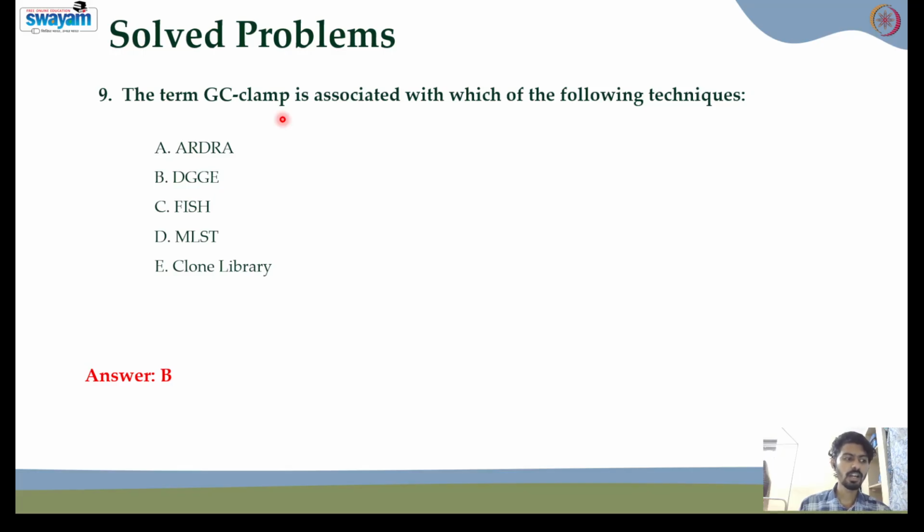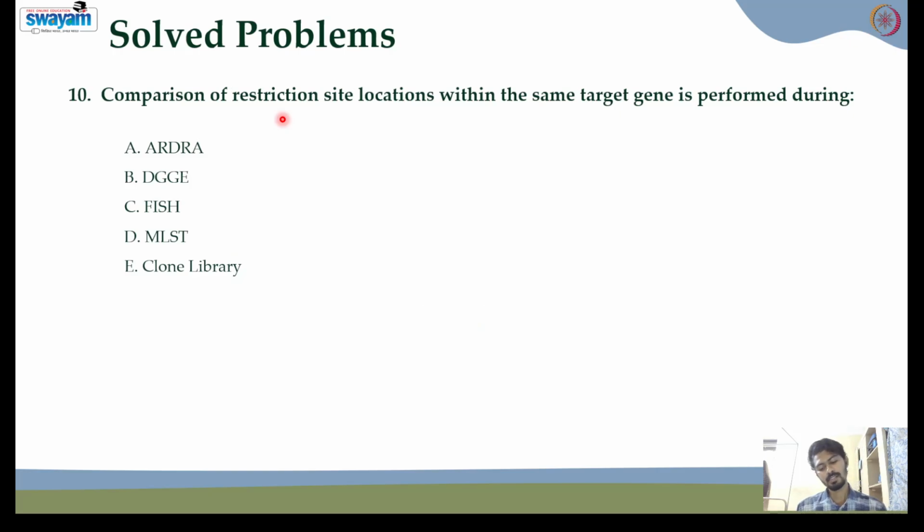So we will move on to the last MCQ, which is: comparison of restriction site location within the same target gene is performed using, so here restriction site location. If it is restriction site, what will you perform? Option A, ARDRA. Option B, DGGE. Option C, FISH, fluorescent in situ hybridization. And option D, MLST. And option E, clone library.